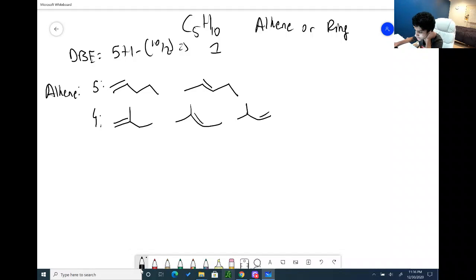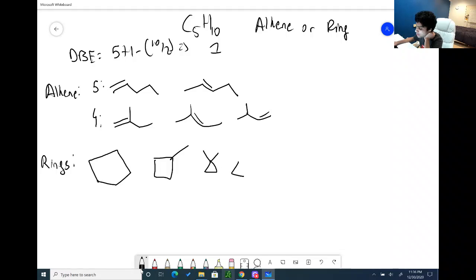Now let's take a look at rings. So essentially, we can have cyclopentane. You can also have this box and then a carbon here, and then you can also have cyclopropane with 2 branches here, and then you can have 1 branch here, 1 branch here, and you can have 1 branch here, 1 branch here.